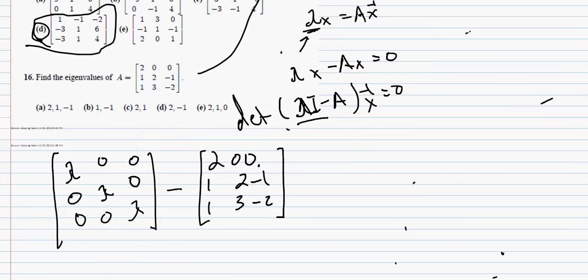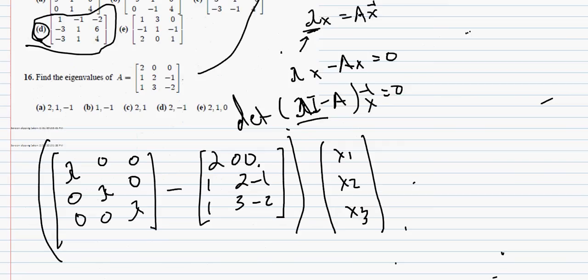Right? So this is all times a vector we have no idea about, x1, x2, x3, let's call it, equal to 0.